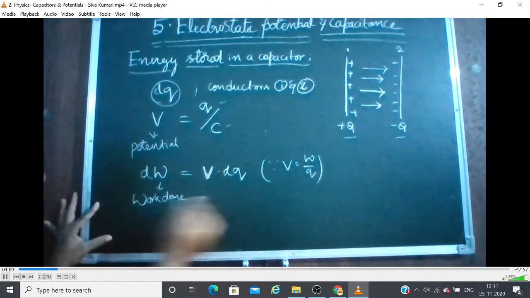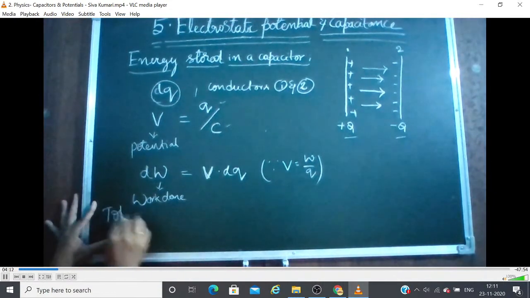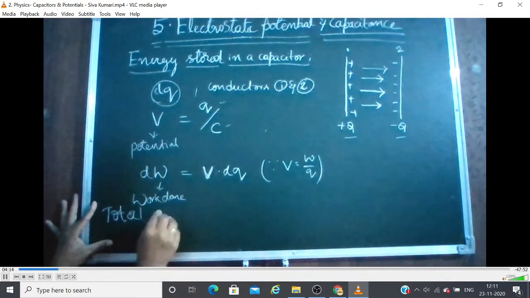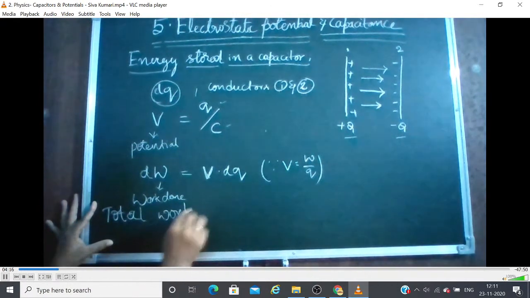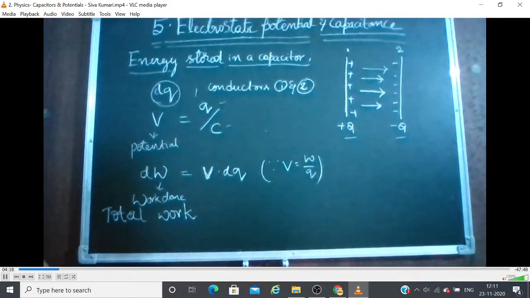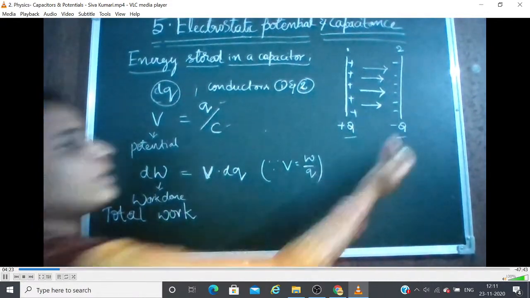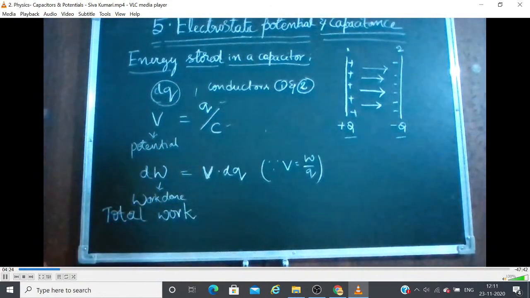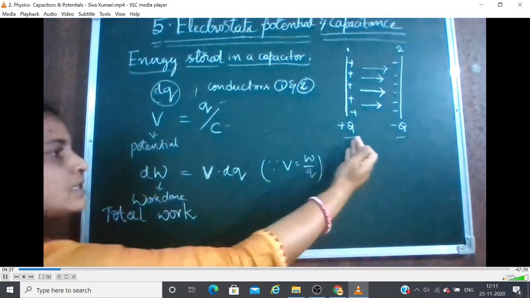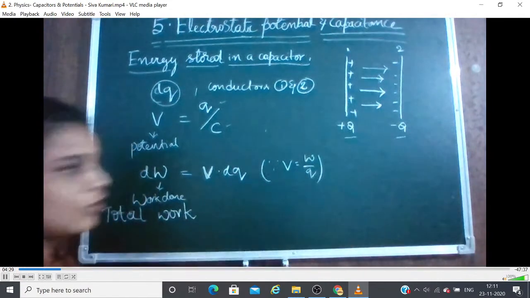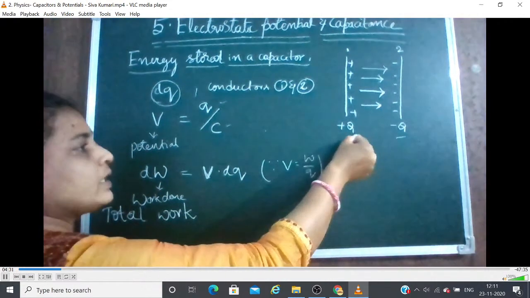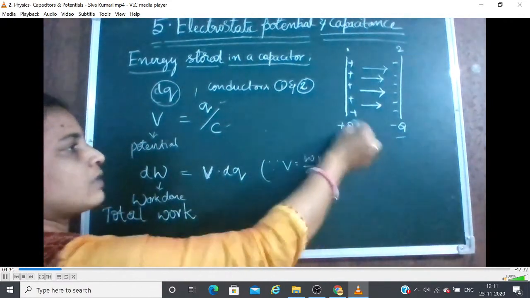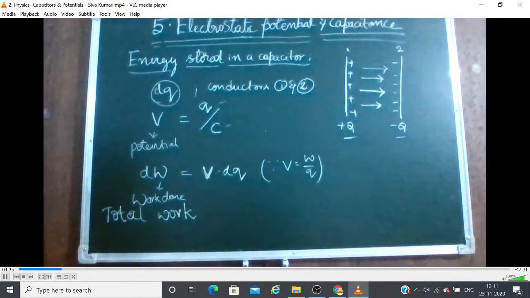So the total work we have to calculate in bringing the charges from 2 to 1, so that it is at higher potential with charge plus Q and the other at lower potential. We can calculate the total work by integrating this equation.